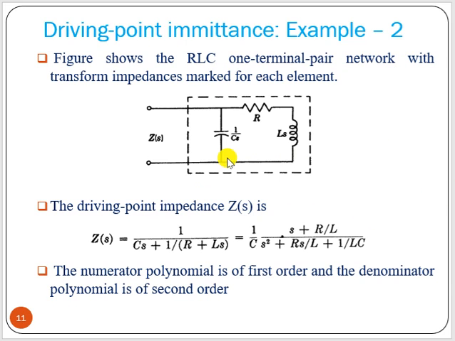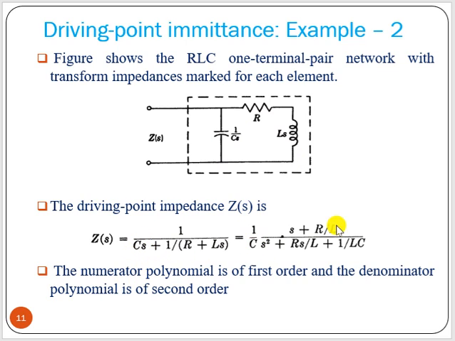Now say another example. Here R and L are in series, which is in parallel with the capacitor C. So Zs will be what? 1 divided by 1 by (R plus SL) plus 1 by 1 by CS, which is CS.